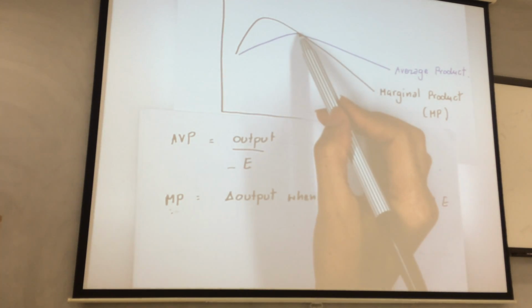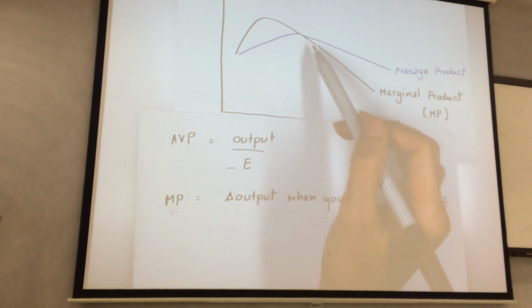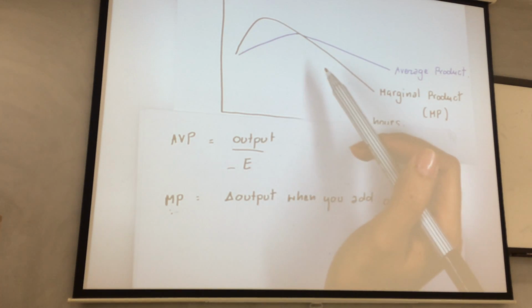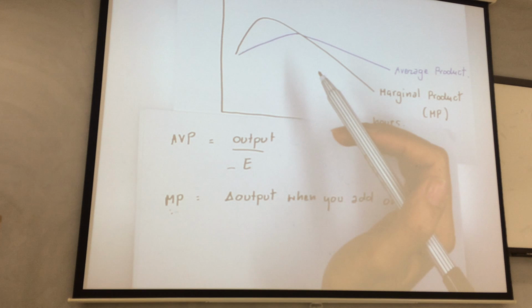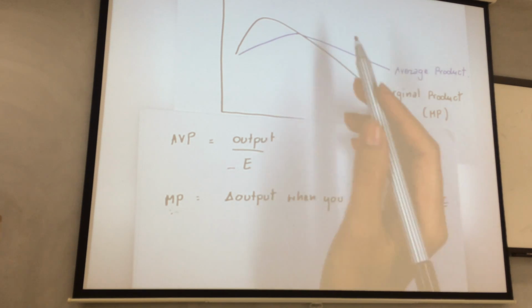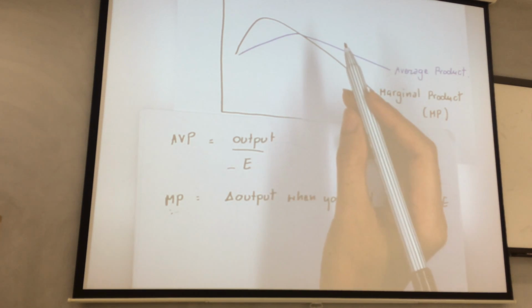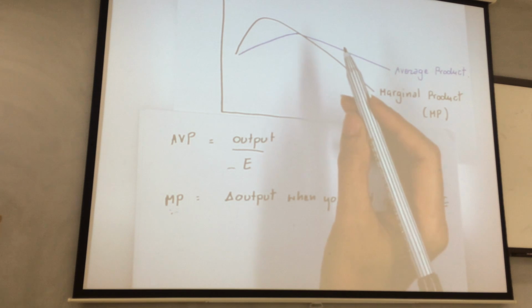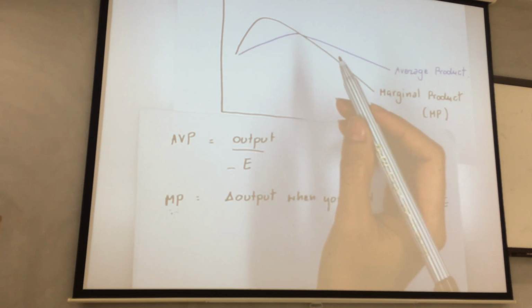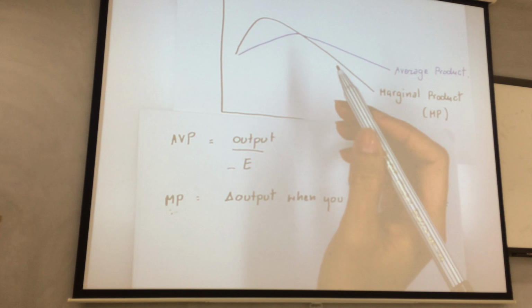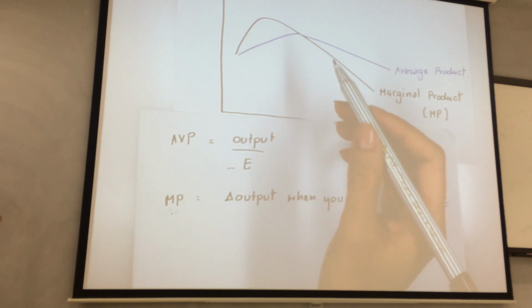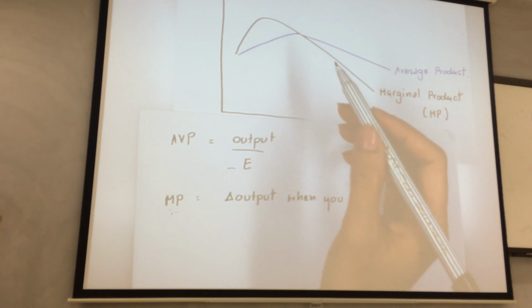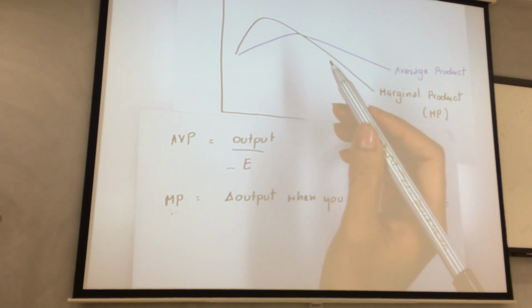However, when you reach the point when marginal product is lower, let's say you're at 15 workers, when you go up to the 14th one, 14 workers can produce, let's say, 6.5 per worker, right? But the 15th, the next one that you hire, can only produce 6.